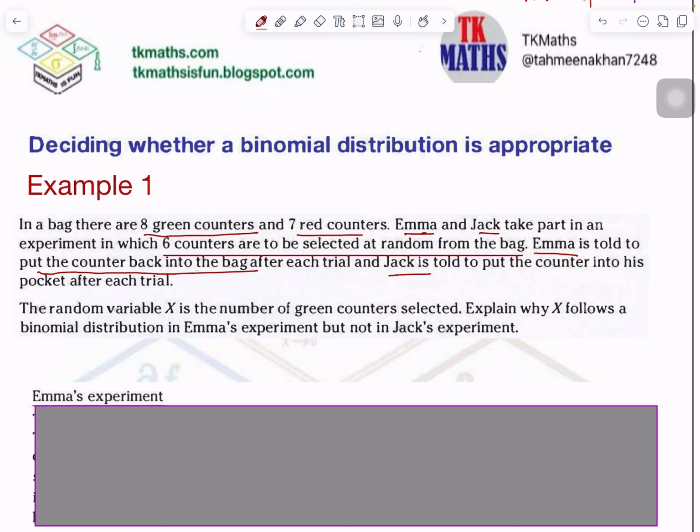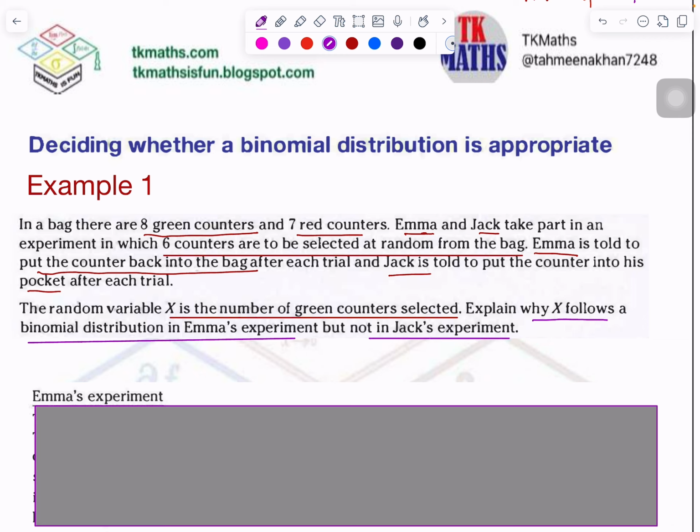Jack has to take the counter, see the color, and then he is not supposed to put it back. He is putting it in his pocket. The random variable x is the number of green counters selected. You have to give a reason why x follows a binomial distribution in Emma's experiment, but it doesn't follow a binomial distribution in Jack's experiment. What is the reason?